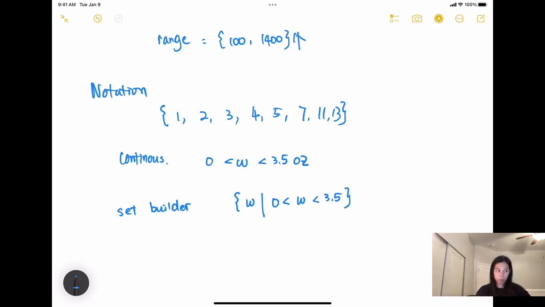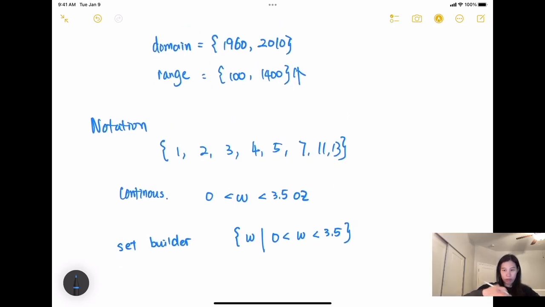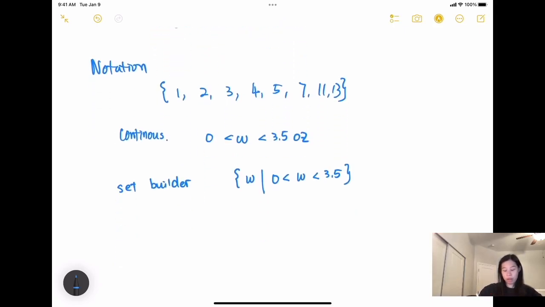This is set builder. Or something like, if the domain or range x is in between 10 to 13, when we write it in set builder, it's going to be x is between 10 and 13.